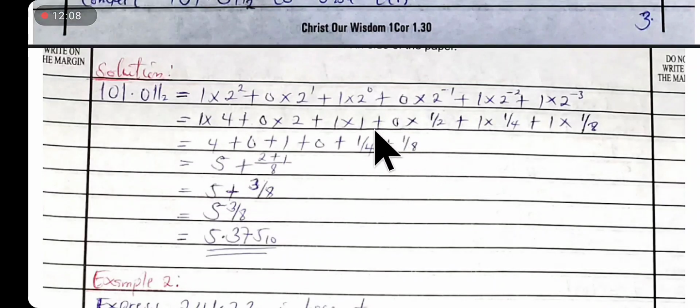Then plus. If you add this particular fraction together, you discover that the LCM of 4 and 8 is 8. So if the LCM of 4 and 8 is 8, therefore 8 divided by 4 is 2. 2 times 1 on top there will give us this 2.